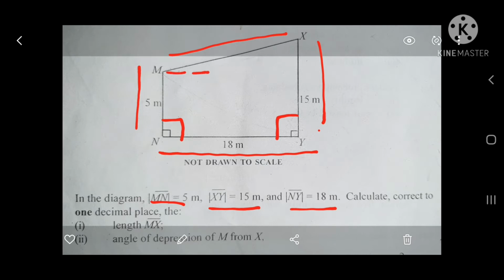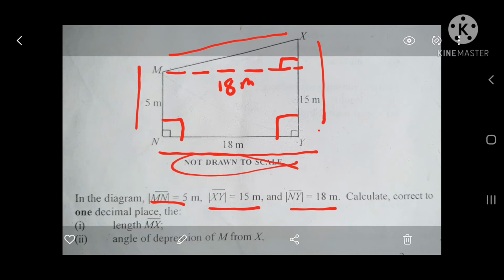So we have a new parallel line to the line NY, which means that the new parallel line is also 18 meters, and the angle that will be formed with the length XY is 90 degrees. Remember, it's not drawn to scale.